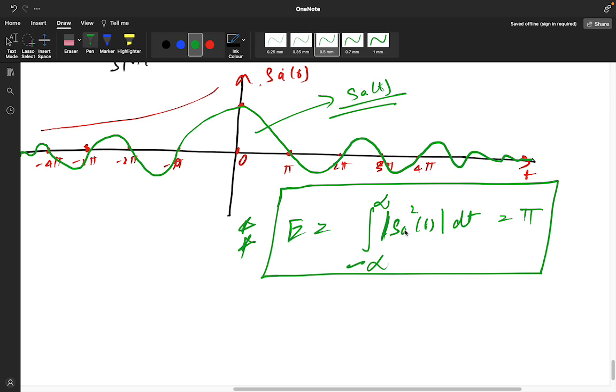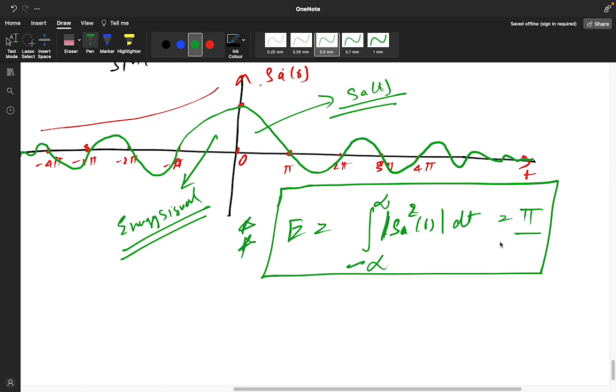We will derive this when we learn the Fourier transform in a very easy way. For now, just remember this formula. Energy of the sampling function is pi only. So this is an energy signal.